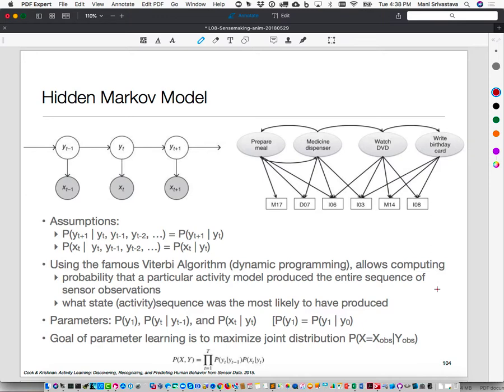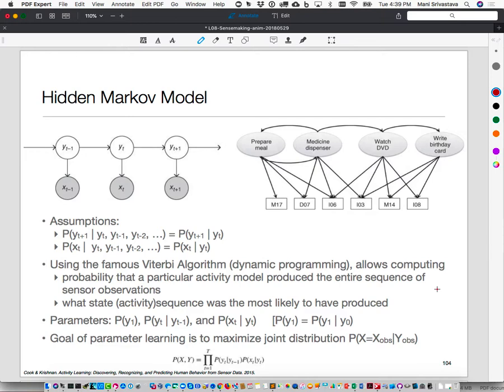So y of t may, for example, be washing or running or driving. So the underlying process is in some activity state, and this is the label that I'm really interested in. That's what I want to know.